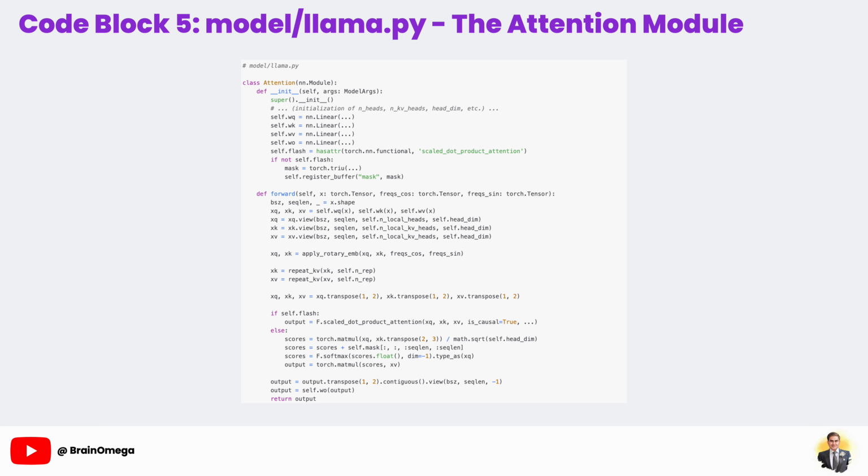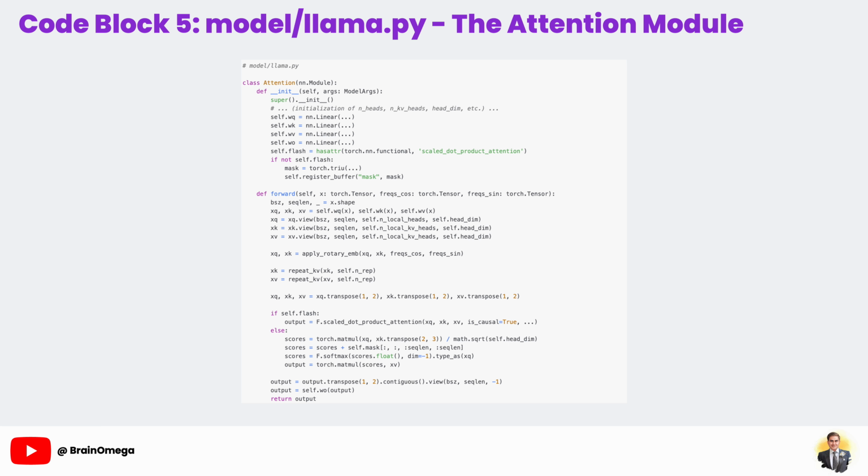Then we have a very important check. We see if our PyTorch version has scaled_dot_product_attention. This is the function for flash attention, a highly optimized implementation of the attention mechanism that is much faster and more memory efficient. If it's not available, we fall back to creating a manual causal attention mask.